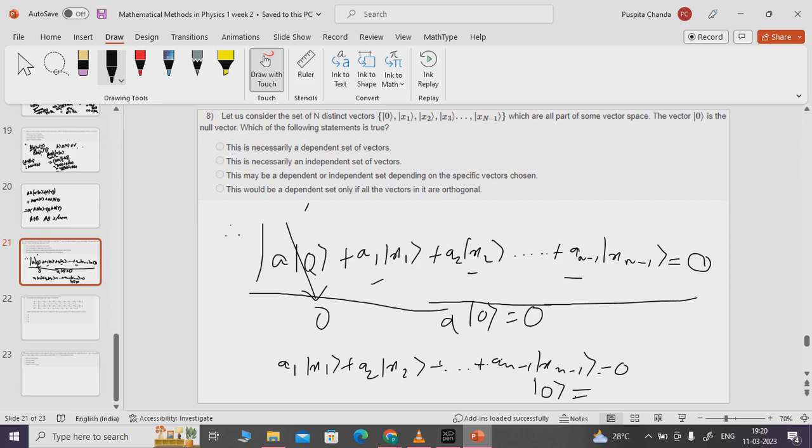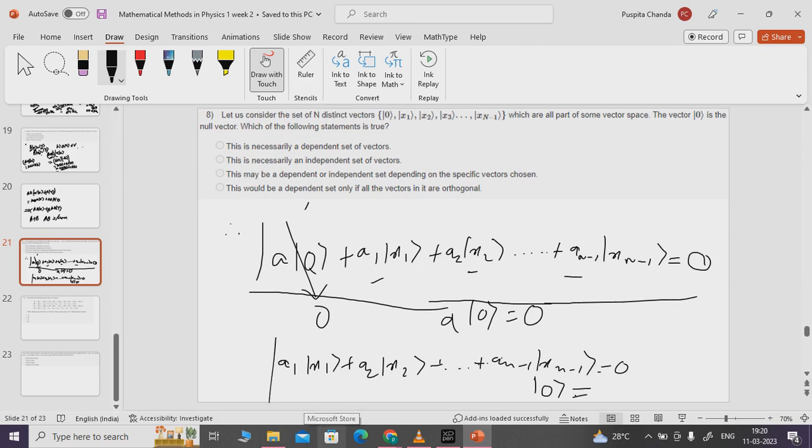But when a coefficient is there with the vector 0, it will become 0. Then a1 to a(n-1) are independent, but 0 can be written with a combination of these vectors x1, x2, x3 and so on.